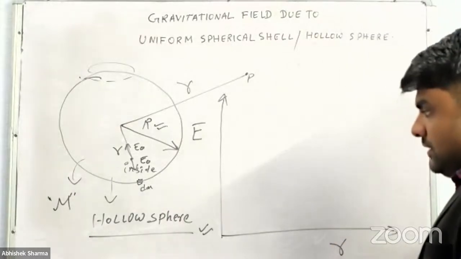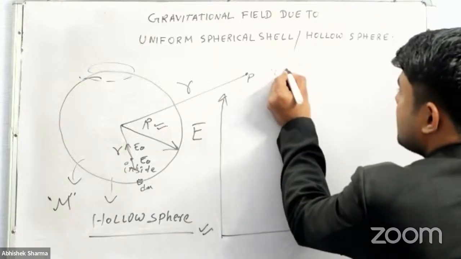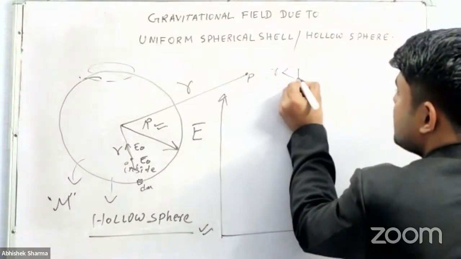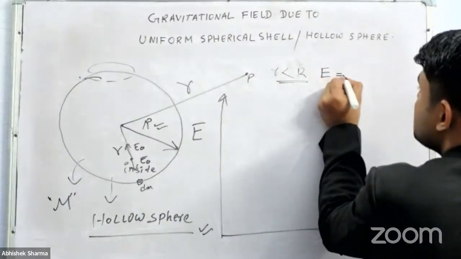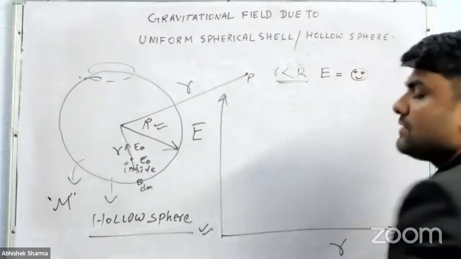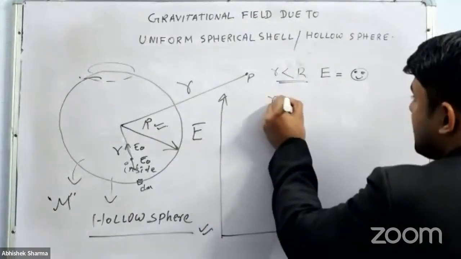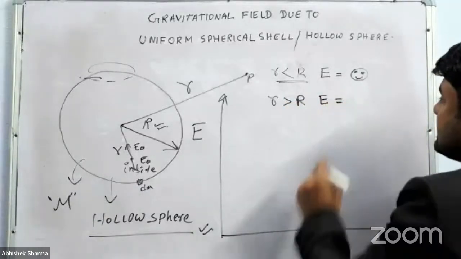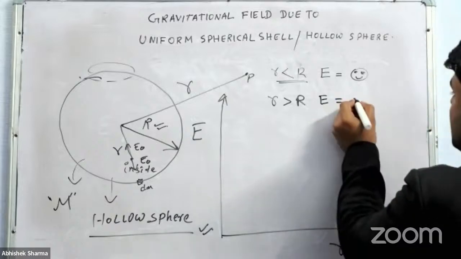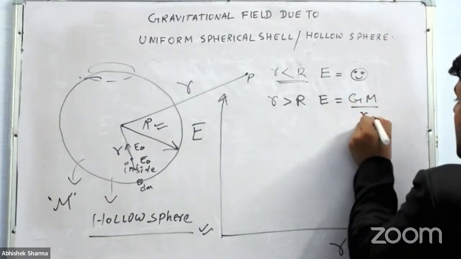We know that for small r less than R, gravitational field intensity is equals to 0. For r greater than R, gravitational field intensity is basically G M upon r square.